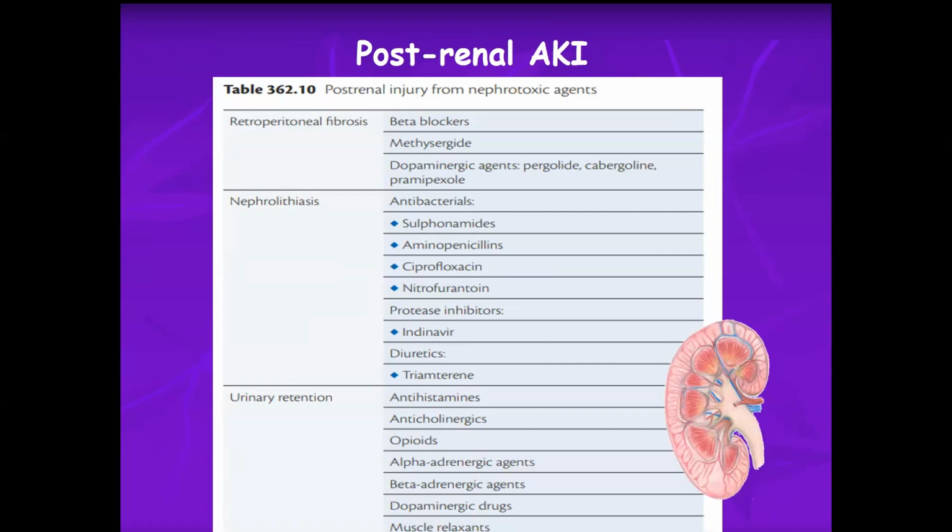Examples would be retroperitoneal fibrosis from beta blockers, methotrexate, which is used for migraine headaches, drugs that can cause nephrolithiasis, so your antibacterials, including ciprofloxacin, nitrofurantoin, protease inhibitors, and drugs that can cause urinary retention, so your opiates, your anticholinergics, typically like your trepoline, and obviously your muscle relaxants as well.